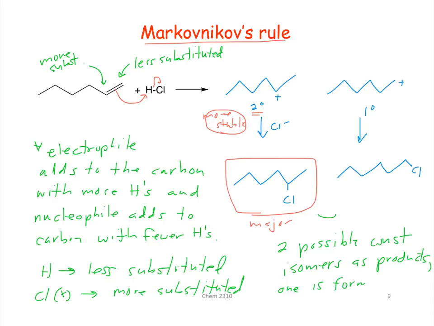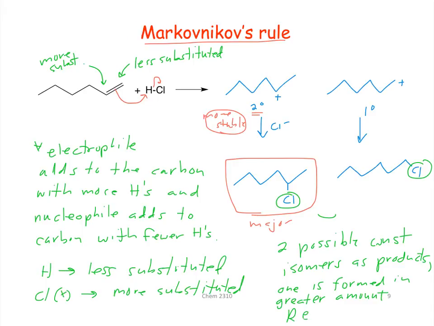So it's selecting for one product over the other, and it's selecting so the chlorine ends up in one region of the molecule, here, rather than over here.